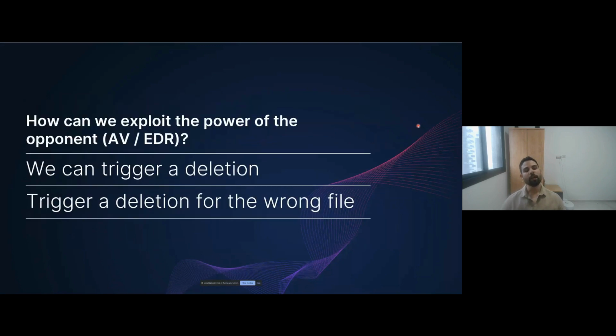And now that we know how and when they choose to delete these files, at this point I had another minor insight. And the insight was that even as an unprivileged user, I still have a certain amount of control over this very powerful entity, which is the EDR.